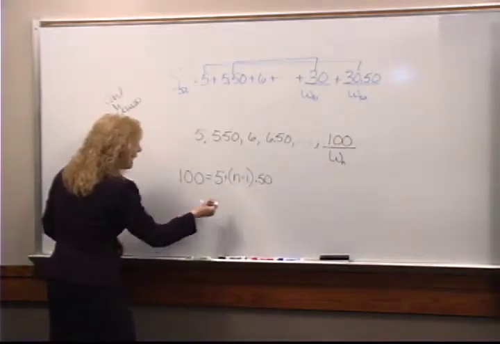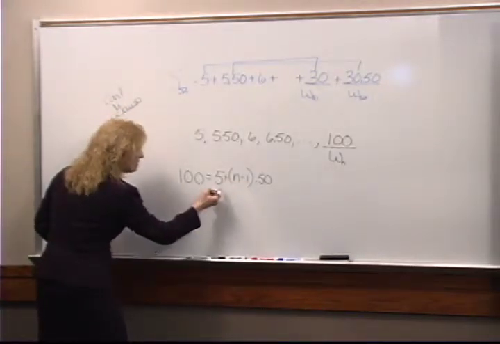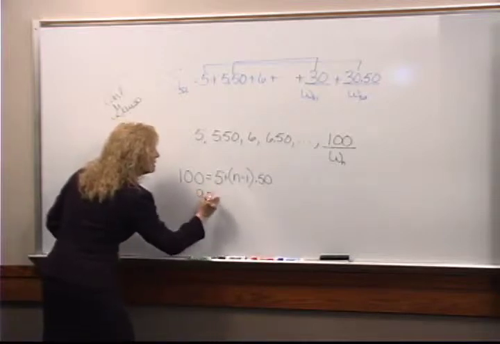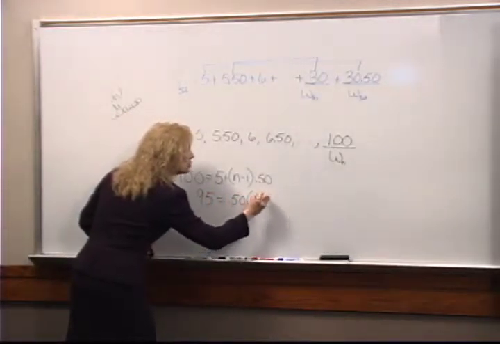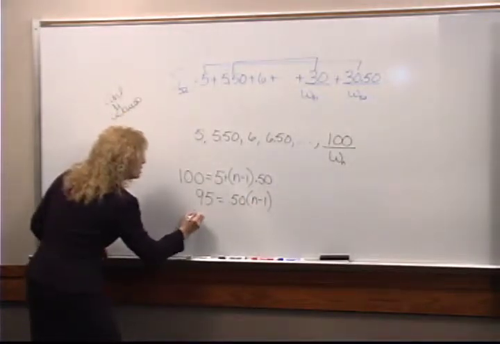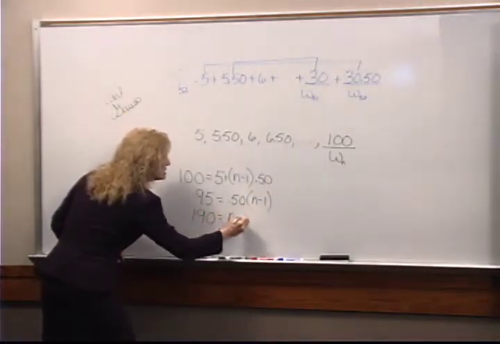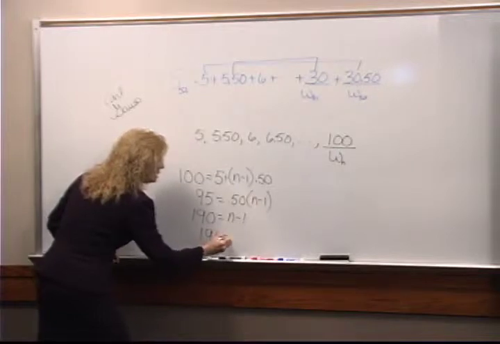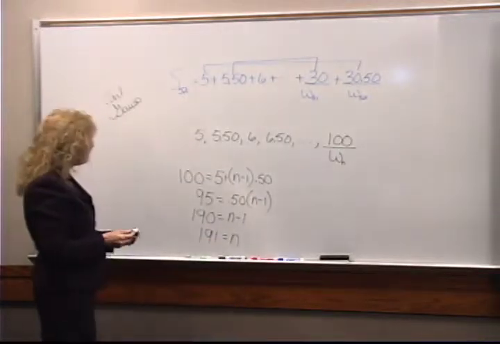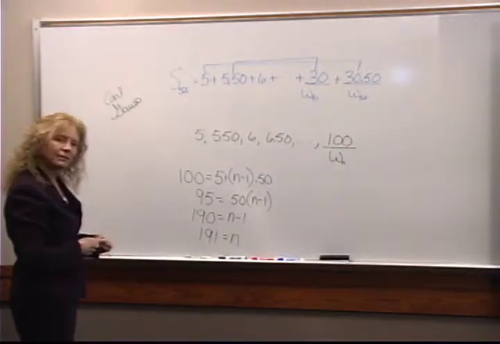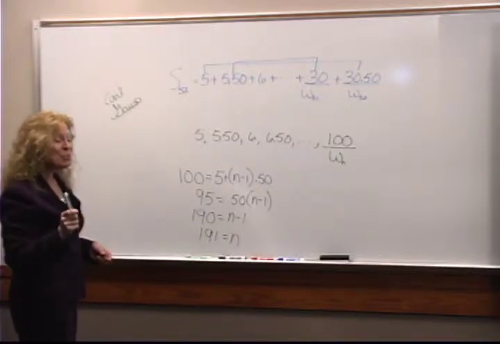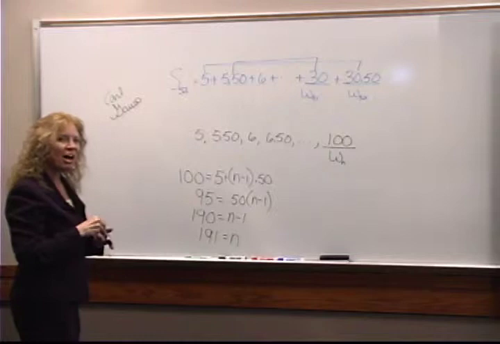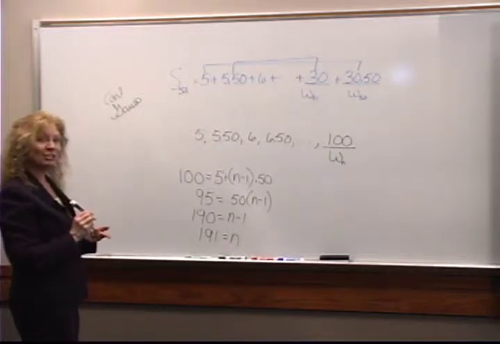So I would have, by the way, subtract that 5 over, 95 is equal to 0.50 times n minus 1. So 190 is equal to n minus 1. So what did we find? In week 191, you will deposit exactly $100.